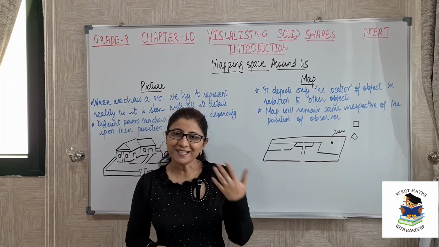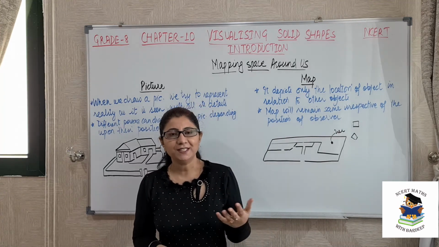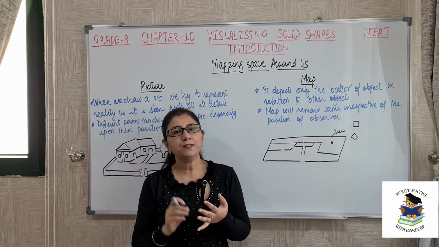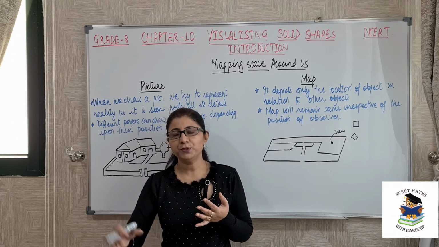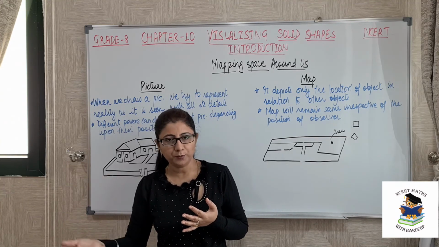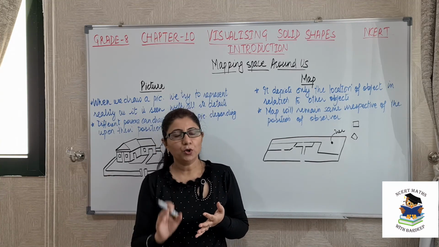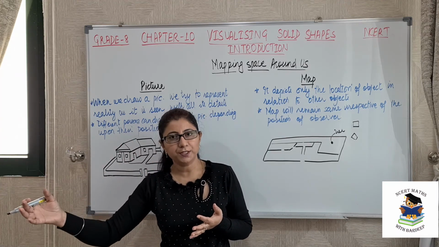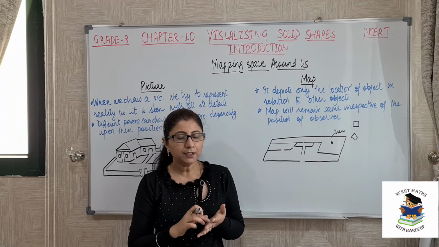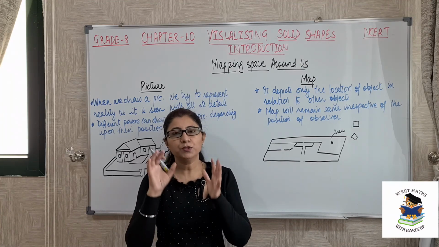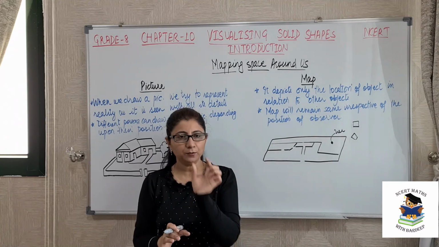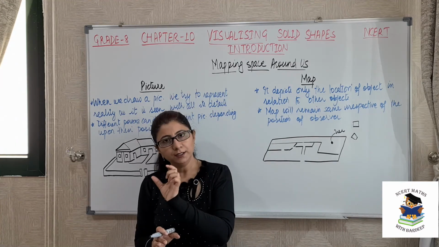Okay. So now let's summarize the points to be considered while drawing a map. The first thing is a map always depicts the location of one object in relation to the other objects. Second, we should always use different symbols to represent different objects in the map. Third, you should always use a proper scale, that is, how much actual distance is being represented by 1 centimeter on your map.